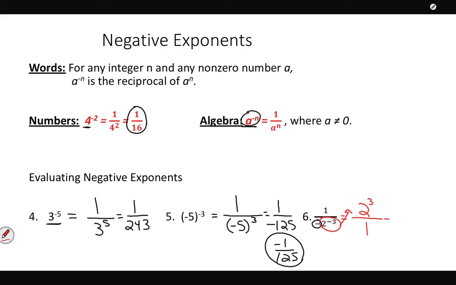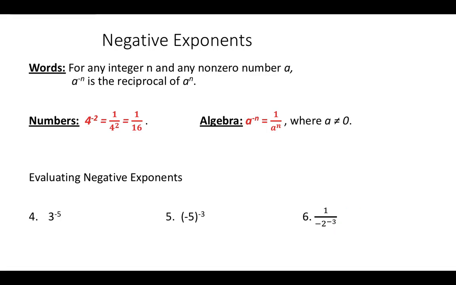Now that negative is still just a negative. 2 to the third is 8. So that would be a negative 8. A negative 8. All right? So we'll talk more about how do we create zero exponents, how do we create negative exponents, but right now we're only worried about evaluating zero exponents and negative exponents.